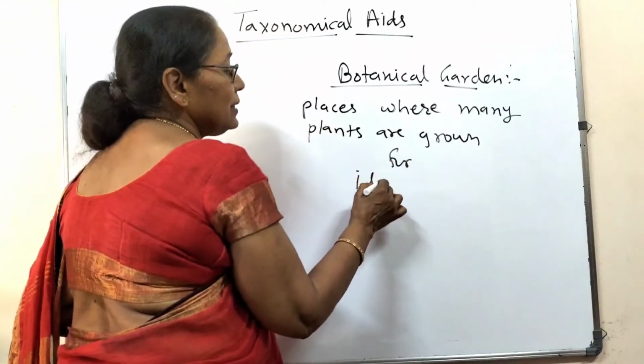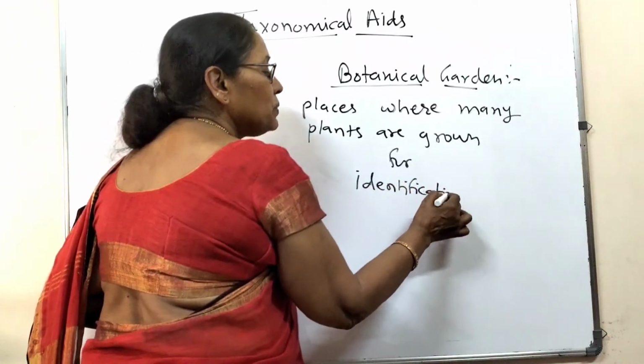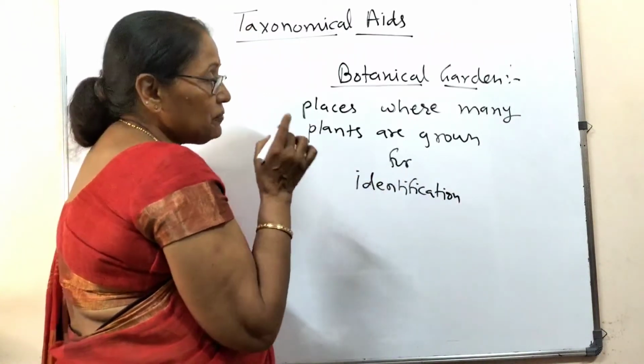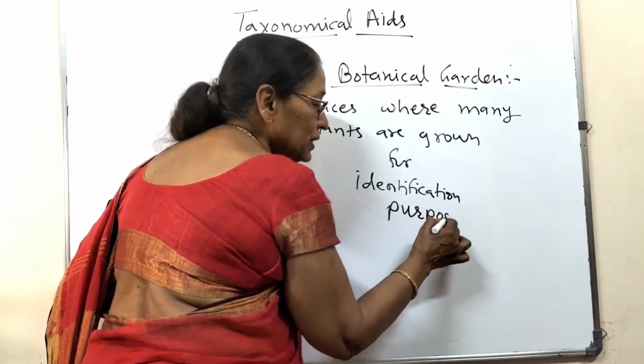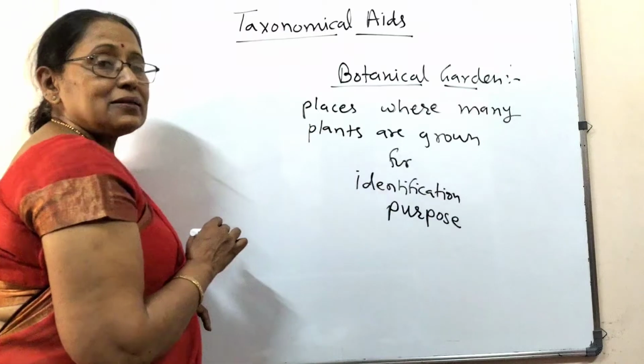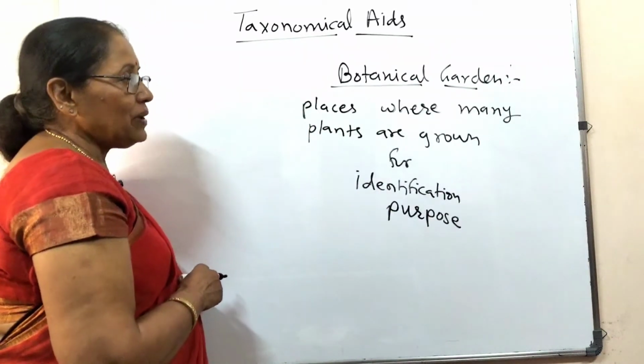The plants you have not seen around your home locally, how many plants will you find? But if you go here, then you will come to know so many plants, and that is such a nice experience. Do visit some botanical garden sometime.